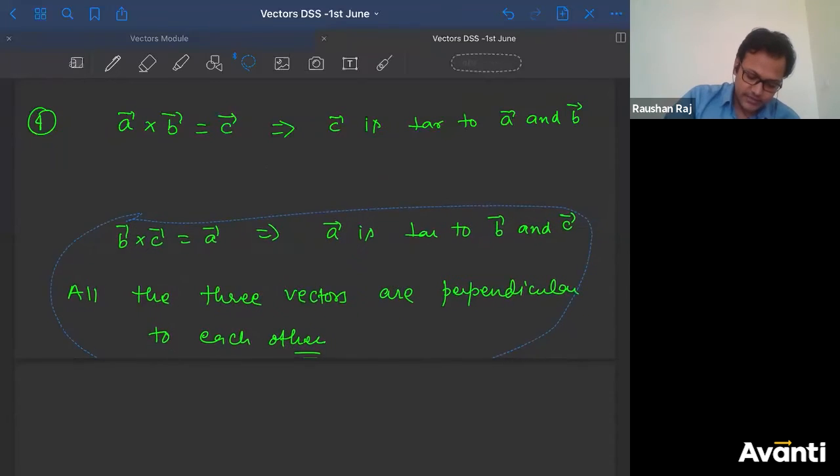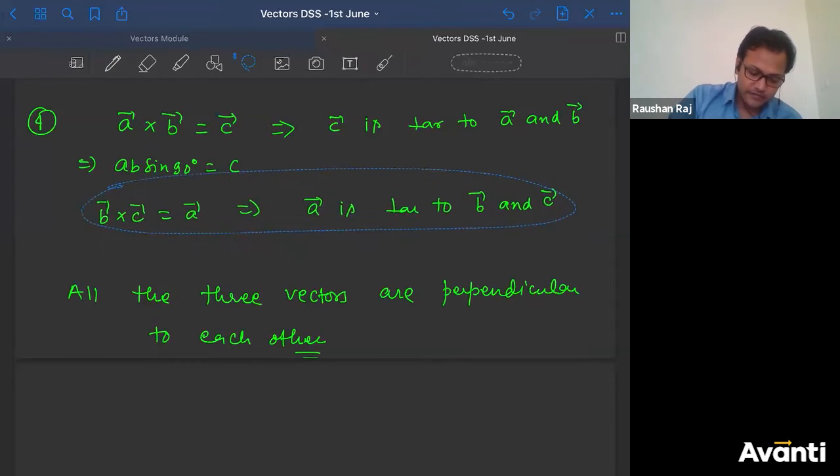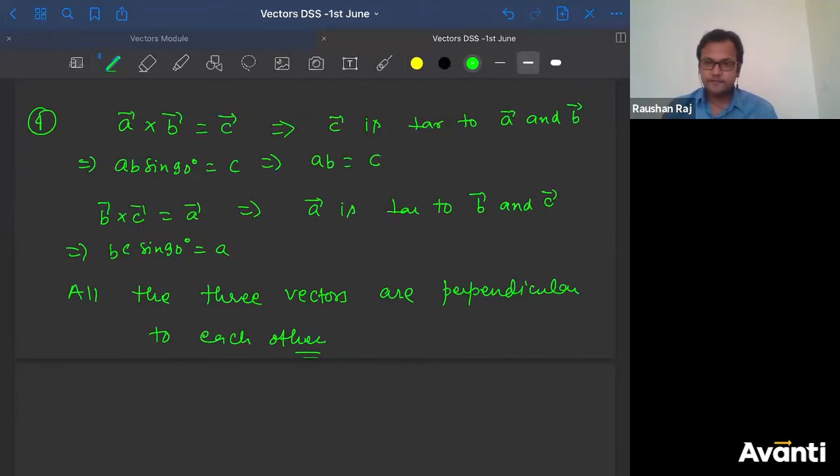I can write AB sine of 90 is equal to C. So I can say AB is equal to C. Similarly, I can write BC sine of 90 is equal to A, because all of them are at 90 degrees to each other. So I have BC is equal to A.